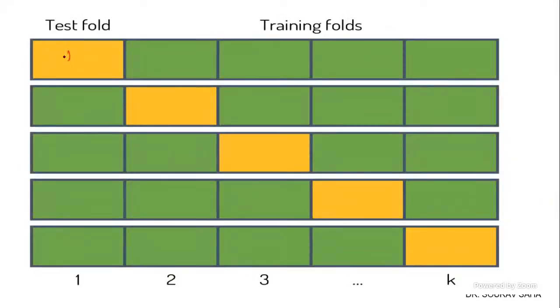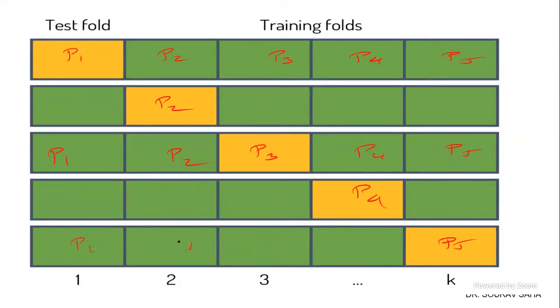So let's say this is P1, P2, P3, P4, P5. At every point in time, in the first case, P2, P3, P4, and P5 are used for training, and P1 is used for testing. In the next case, P1, P2, P4, P5 are used for training, and P3 is used for testing.